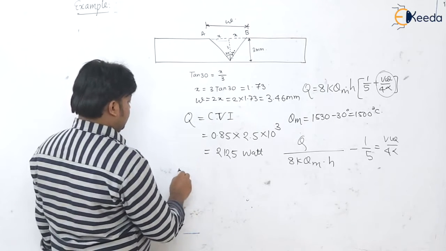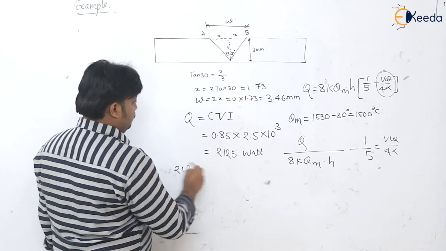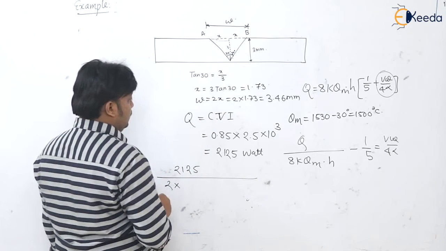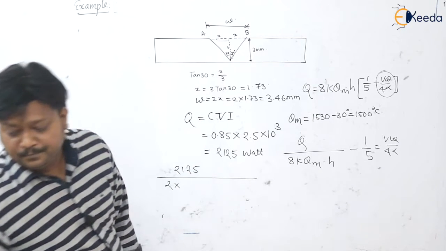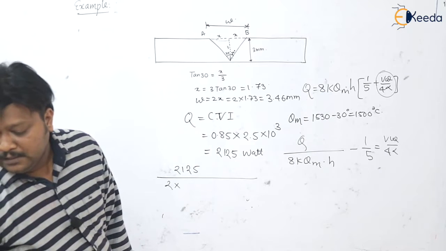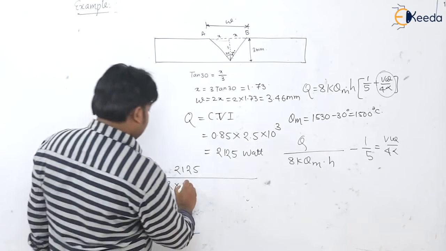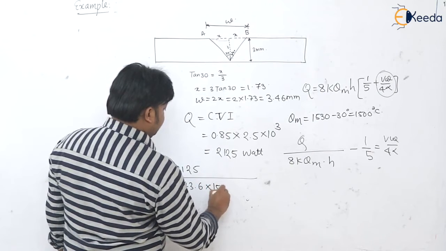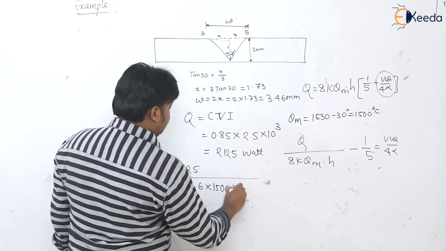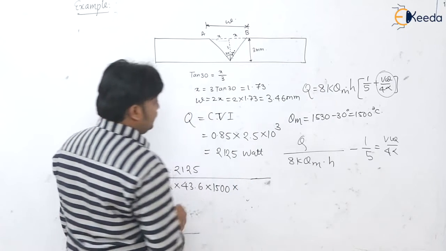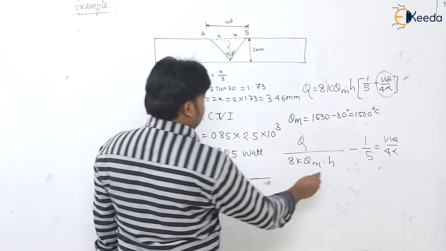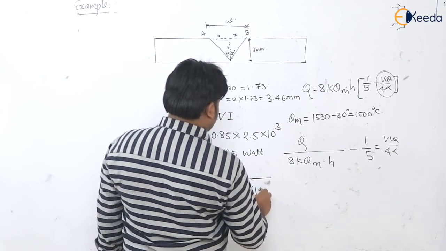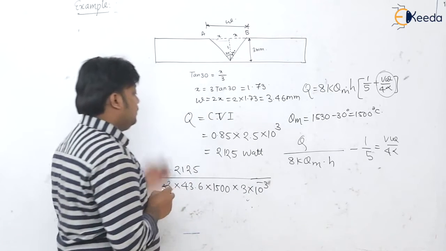Q is 2125 divided by 2 times K, thermal conductivity 43.6, into theta m 1500 degrees centigrade, into height, which is 3 millimeter, so I will take 3 into 10 to the power minus 3 meters.